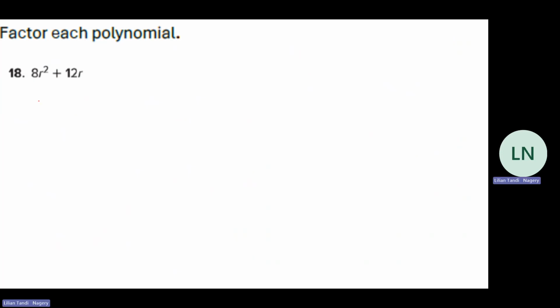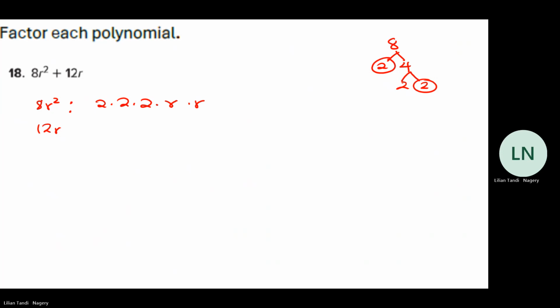Okay, so this one is 8R squared, and this one is 12R. This one is 2 times 2 times 2 times R times R. Break down 8, 2 times 4. Break down 4, 2 times 2. Break down 12, 2 times 6.